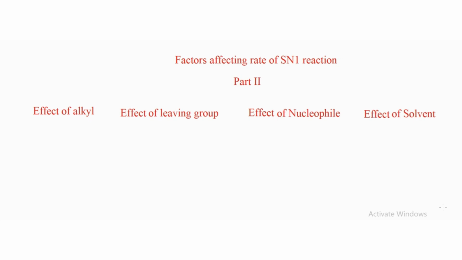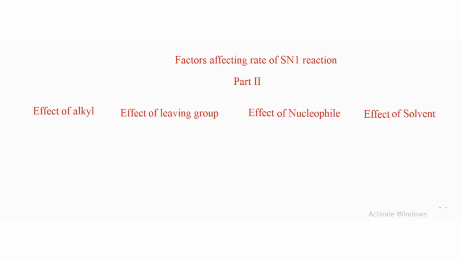Among the alkyl halides, methyl, primary, secondary and tertiary, the tertiary alkyl halide will give a tertiary carbocation, which is most stable. That's why it will give the fastest SN1 reaction. Also we learned the carbocation stability depends on hyperconjugation.